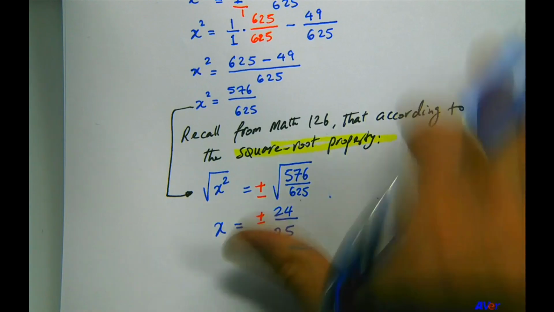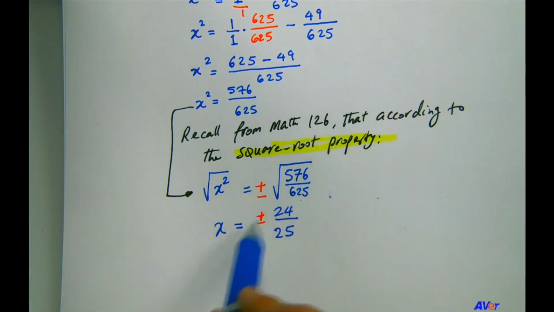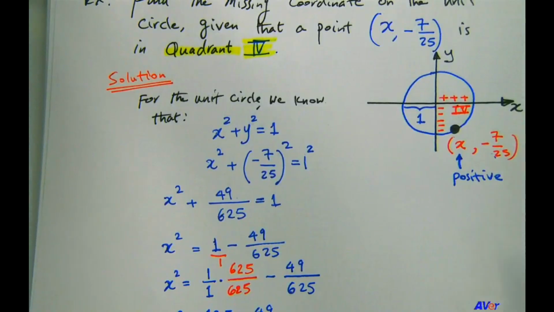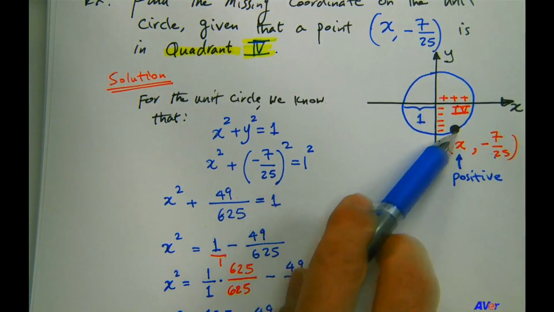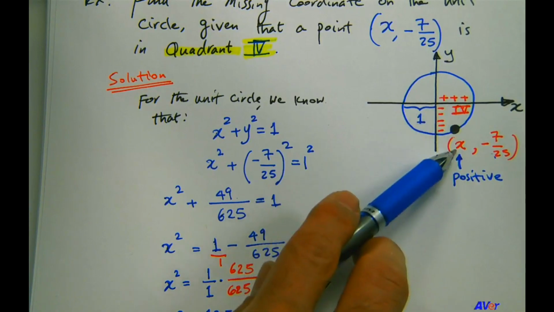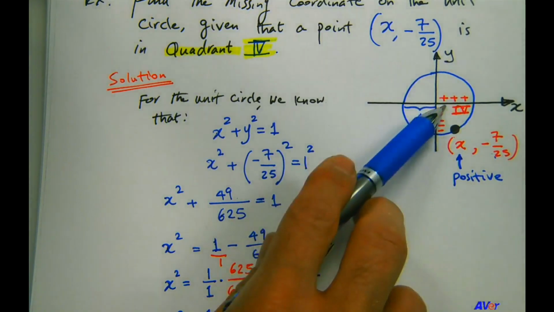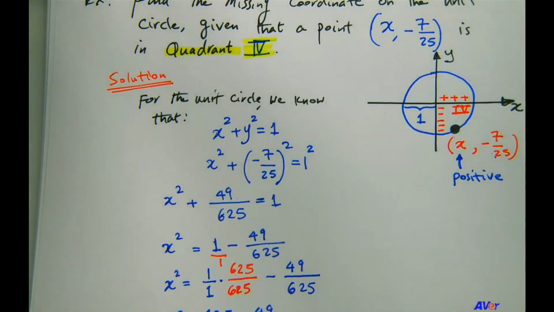So if x can be one of two things, which one is correct? Well, earlier we did a basic graph to show us that. We're in the fourth quadrant, and in the fourth quadrant, the x value cannot be negative. It's positive, right?